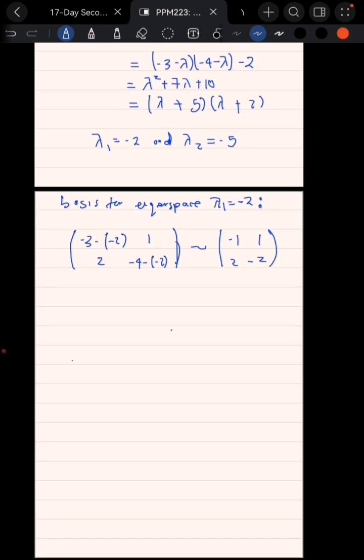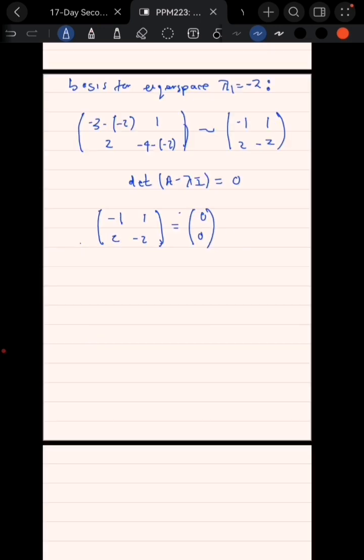Remember that for the eigenvalues lambda 1 and lambda 2, the determinant of the characteristic equation is equal to 0. Therefore, this implies that our matrix [-1, 1; 2, -2] times the vector equals 0. The augmented matrix for this system will be [-1, 1, 0; 2, -2, 0].